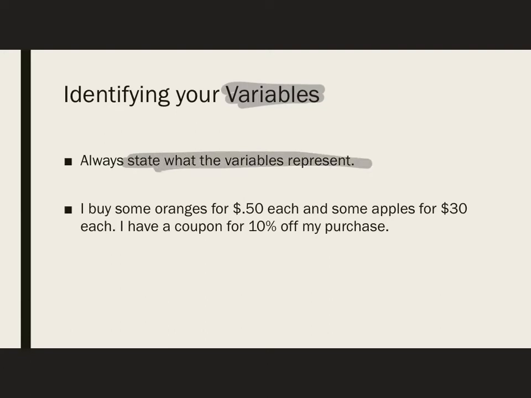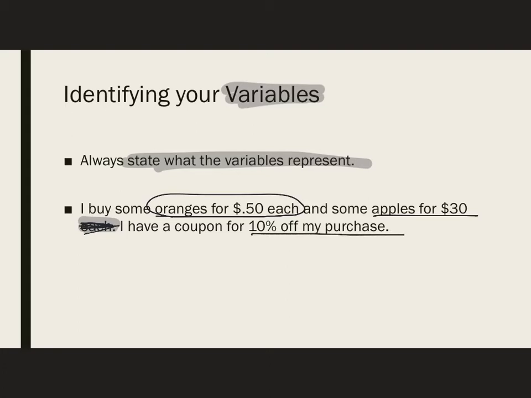So let's look at this problem here, and I do have a typo in it, so I'm going to very quickly forget this each. That each shouldn't be there. Yep, that each should not be there. So I buy some oranges for 50 cents each and some apples for $30. I have a coupon for 10% off my purchase. So how do we do this?